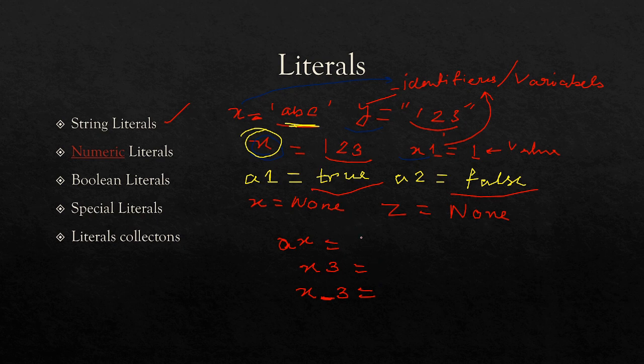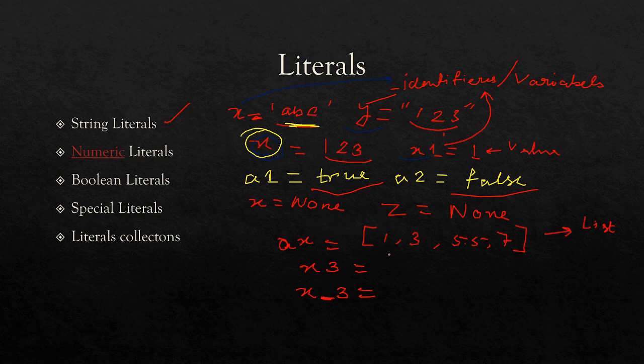So what is a collection literal? A collection literal could be a list that is defined like this. With commas, we can write several numbers. This is called a list in Python. Okay, we will learn more about all these things.